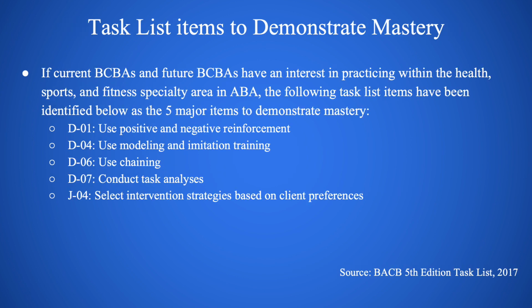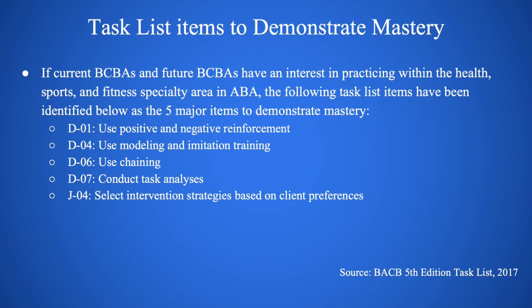Moving on to the task list items using the 5th edition task list on the BACB site, for those who are currently practicing as a BCBA or future BCBAs who have an interest in practicing within this area. The following task list items have been identified as the 5 major items to demonstrate mastery, which also fall into the intervention.